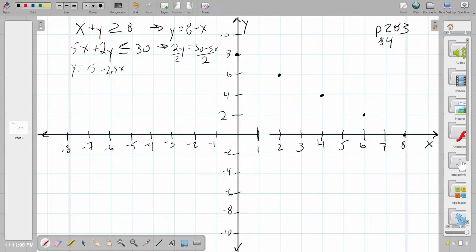So let's do 15 minus, we'll start with 2. 2 times 2.5 is 5, so that gives us 10. 4 times 2.5 is going to be 10. So 15 minus 10 gives us 5. Oh my goodness, I didn't change colors.